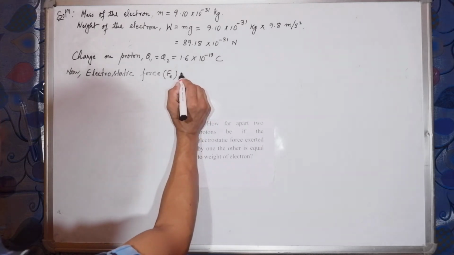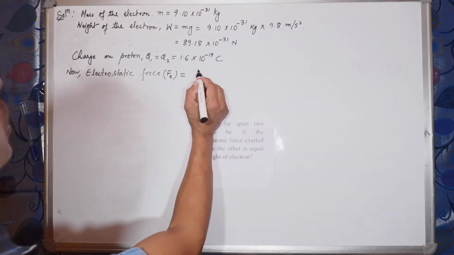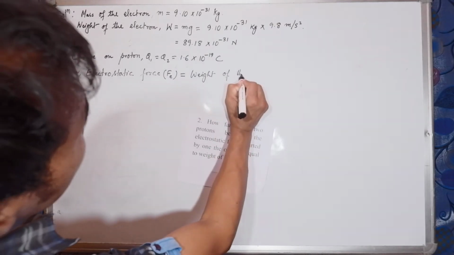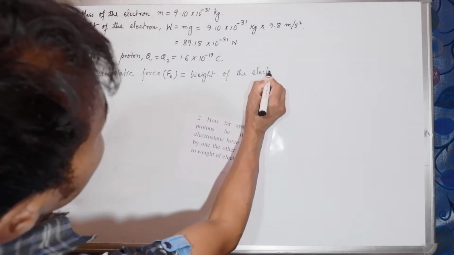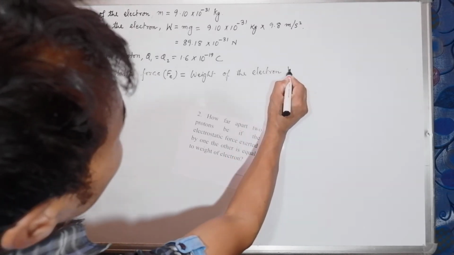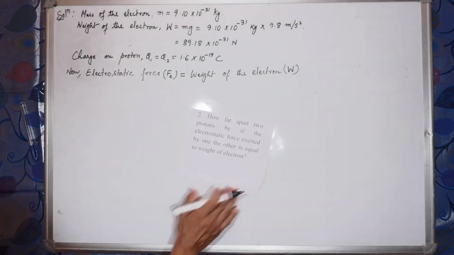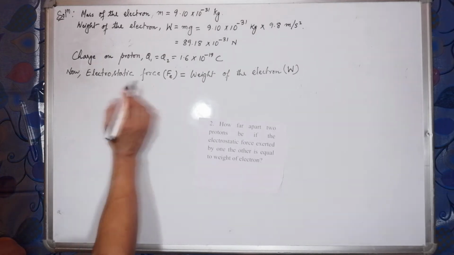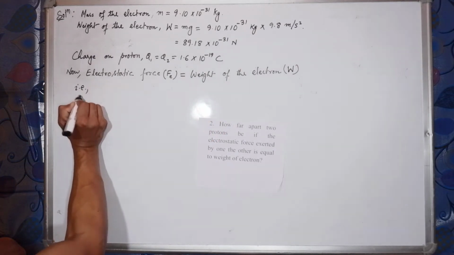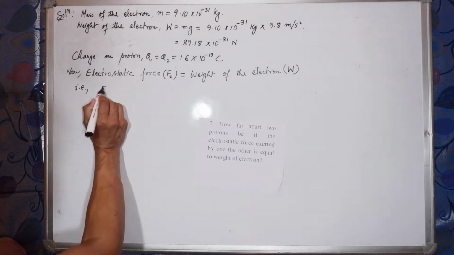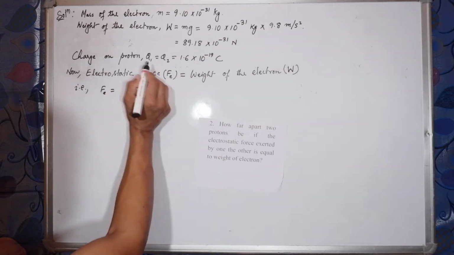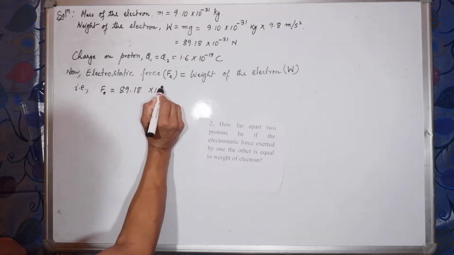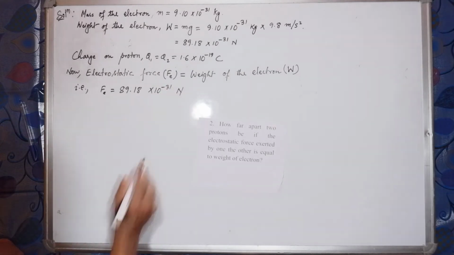The electrostatic force between the protons will be equal to the weight of the electron, that is W. Since we already know the weight of the electron, I can write Fe equal to 89.18 into 10 to the power minus 31 Newton.